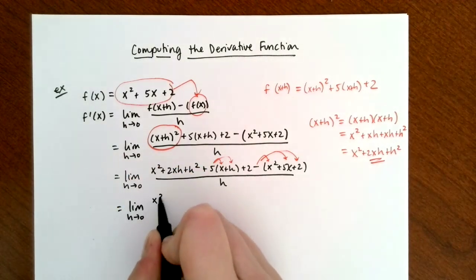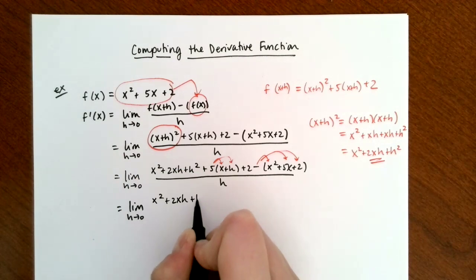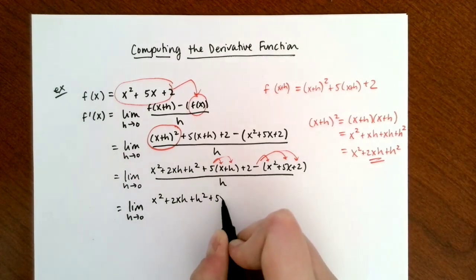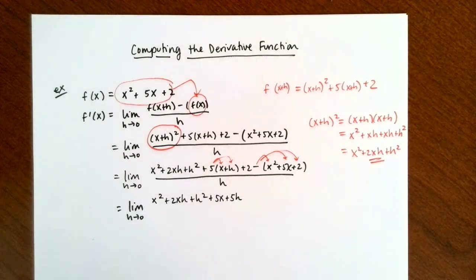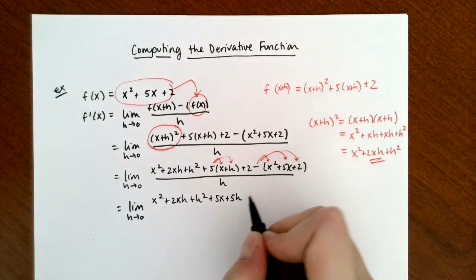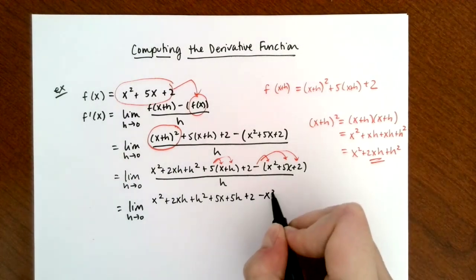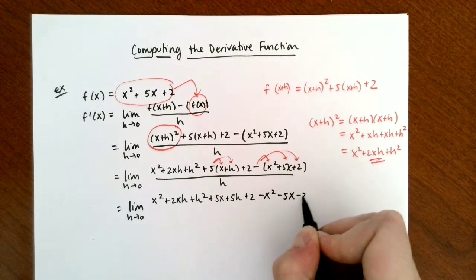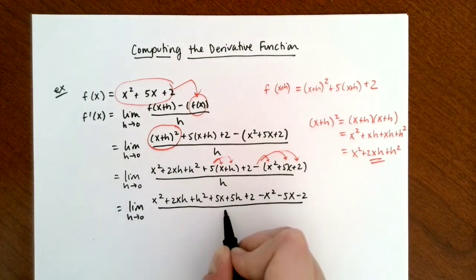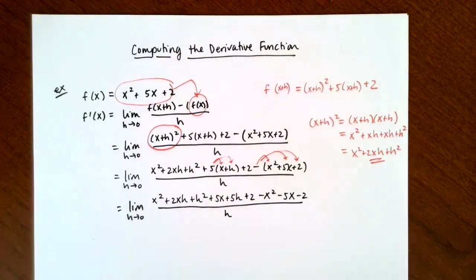Okay, so that gives me x squared plus 2xh plus h squared plus 5x plus 5h plus 2 minus x squared minus 5x minus 2.